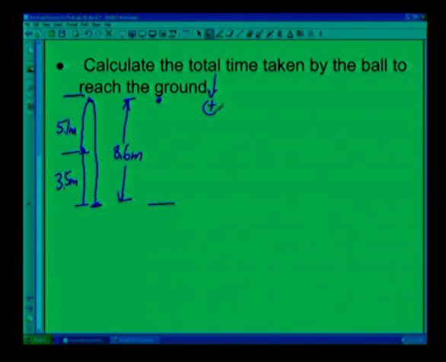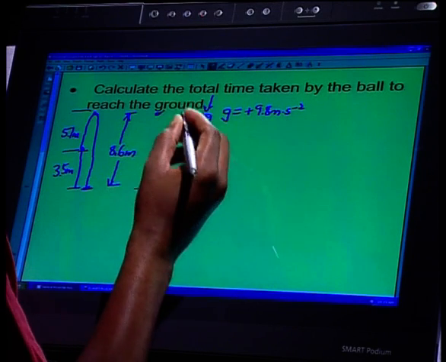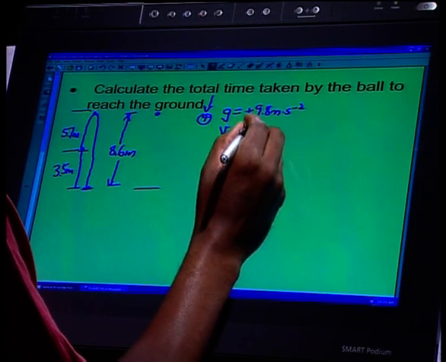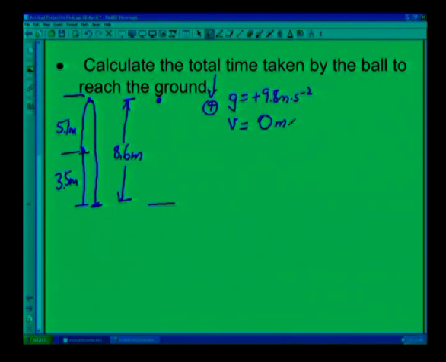So g is positive 9.8 meters per square second this time. And we also know that at the turning point here, the velocity of the ball is 0 meters per second.